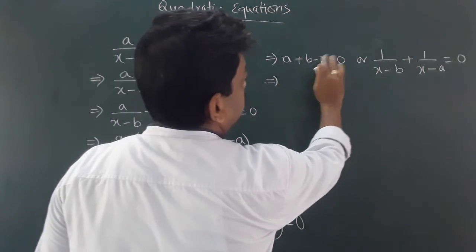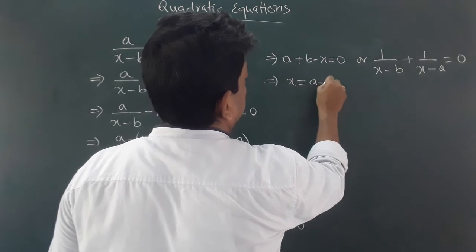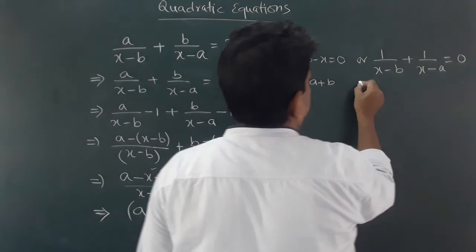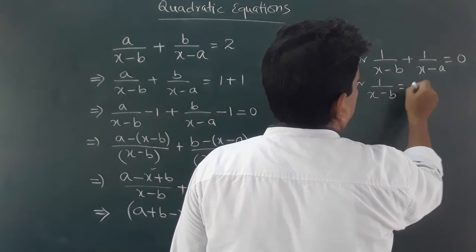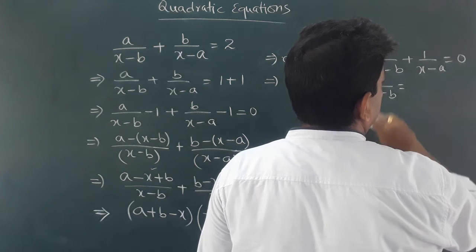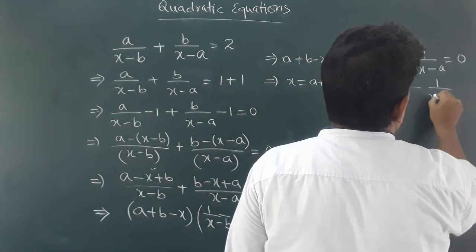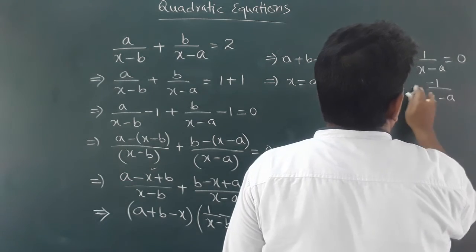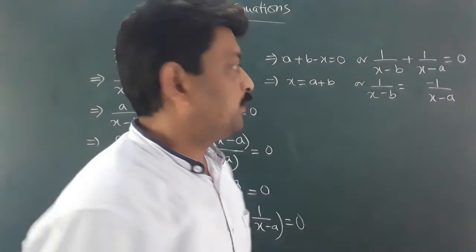So if x is taken to the right hand side, then we will get x equals a plus b, and here I am taking 1 upon x minus a to the right hand side. So it will become minus 1 upon x minus a. Okay.